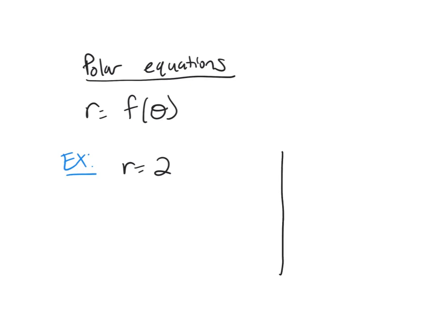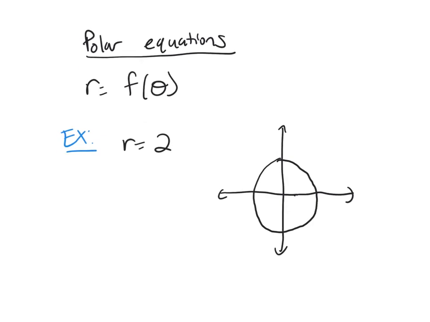All the points whose distance is 2 from the origin, well, that would just be a circle of radius 2. So r equals 2 is a circle of radius 2 centered at the origin.